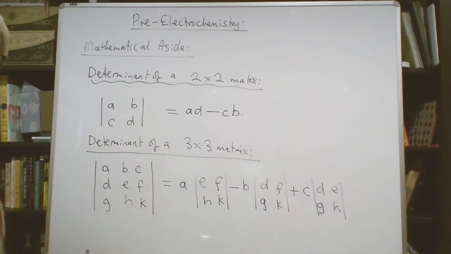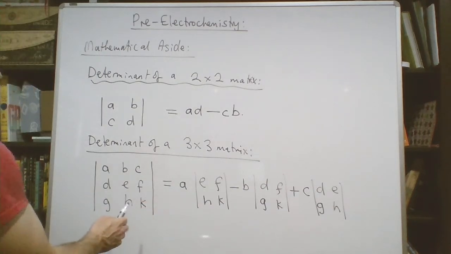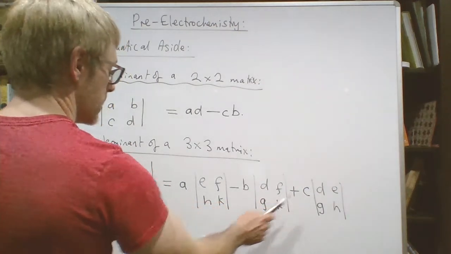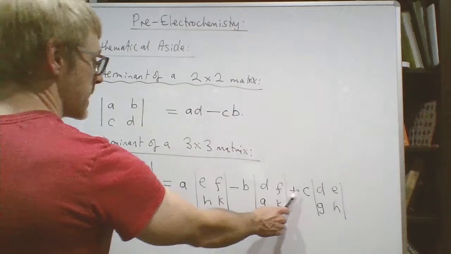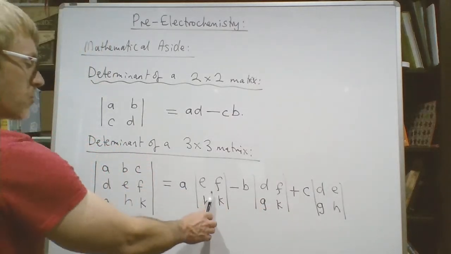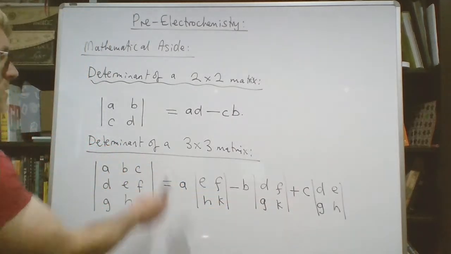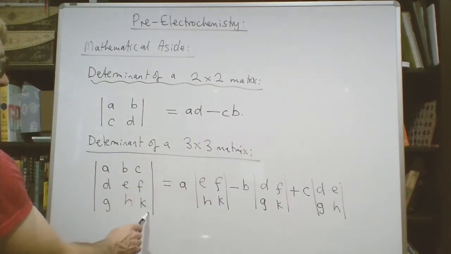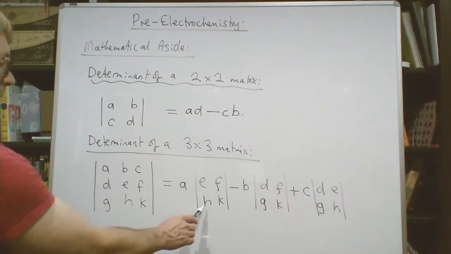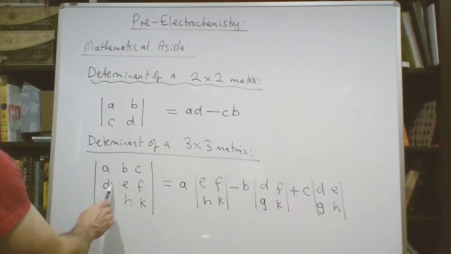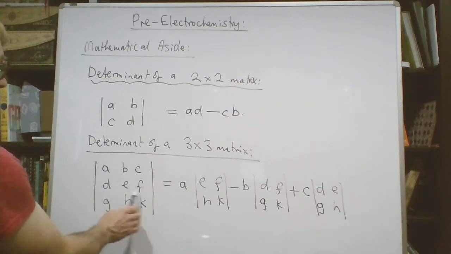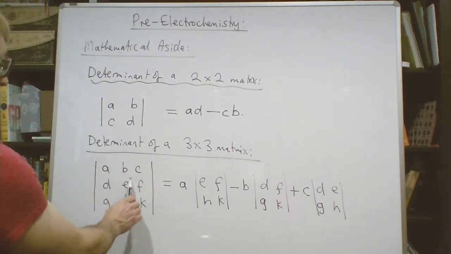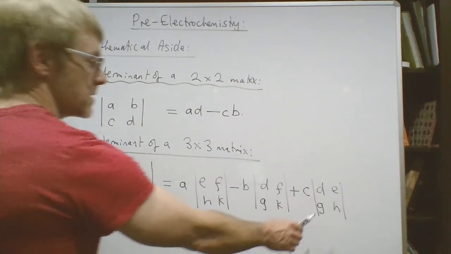This type of thing is just something that you would memorize. Look at the pattern. I've got A, B, and C. I subtract A and B, but then I add C. And I've got 3 sets of 2 by 2 determinants, which I know how to do. For A, I've got the diagonal 2 by 2 down here. For B, I've got the extremities, so D and G and F and K. And then for C, I've got the other diagonal, which is D, E, G, and H.